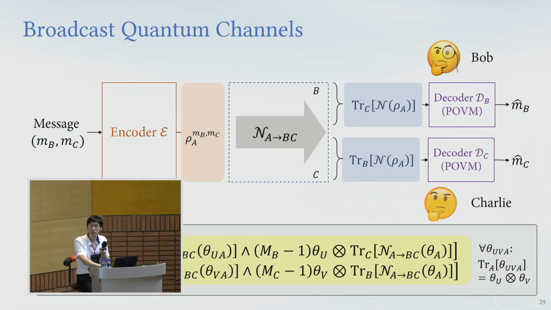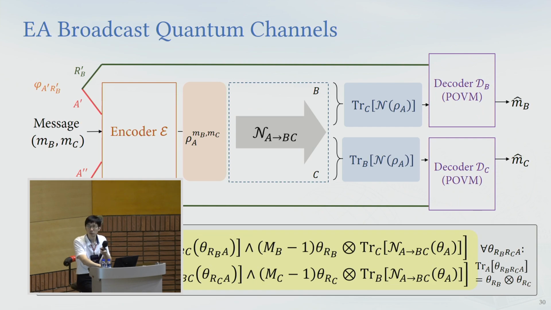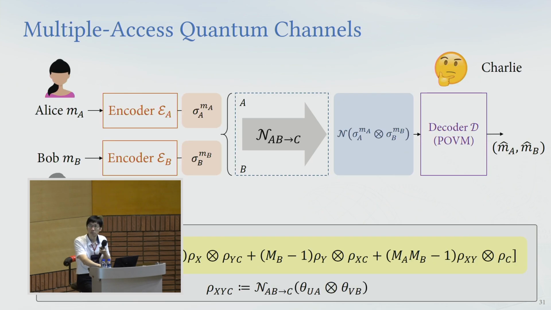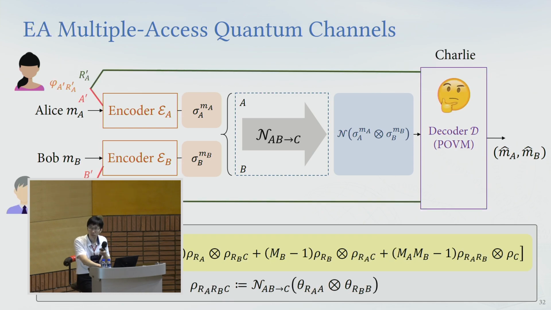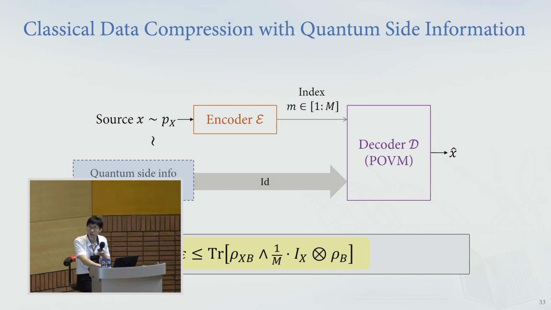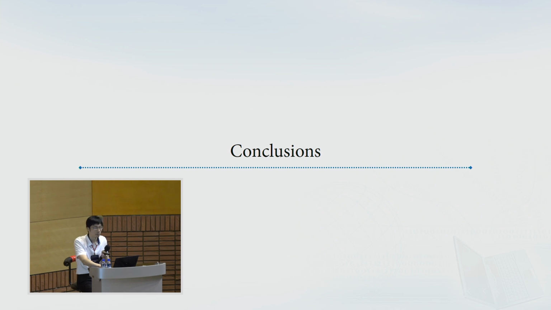And you also have broadcast channels, and multiple access channels, and also classical data compression with quantum side information.